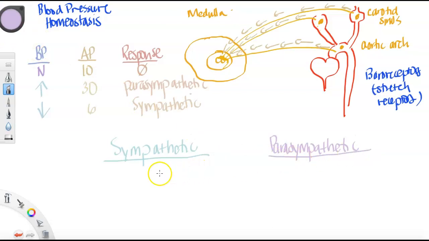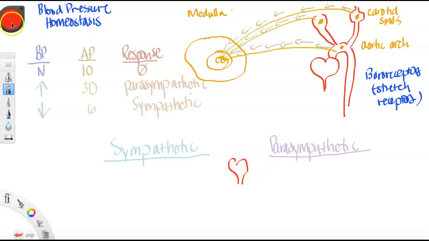Okay. Well, what happens with the heart? Let's look at that first. So what's happening with the heart? Well, if the pressure is normal, obviously nothing. But if it's too high, we get a parasympathetic response.